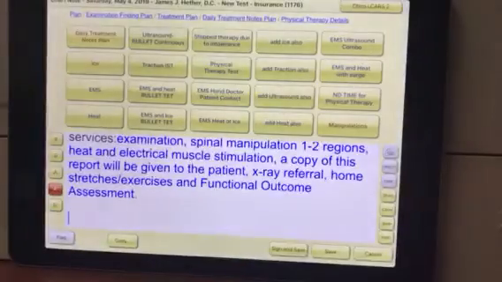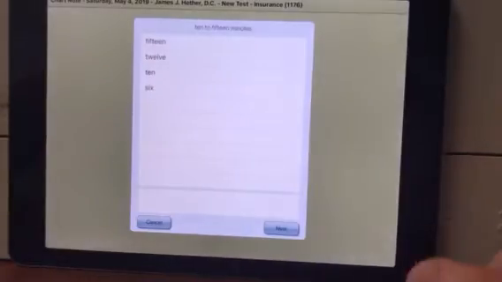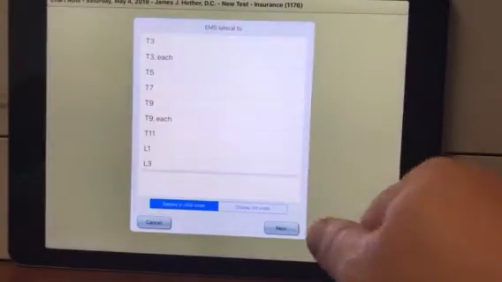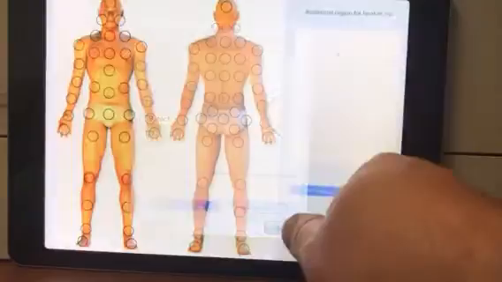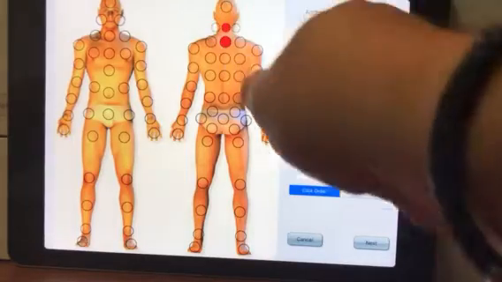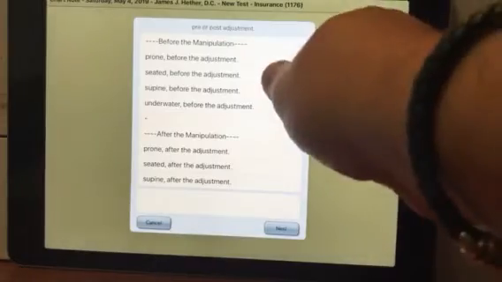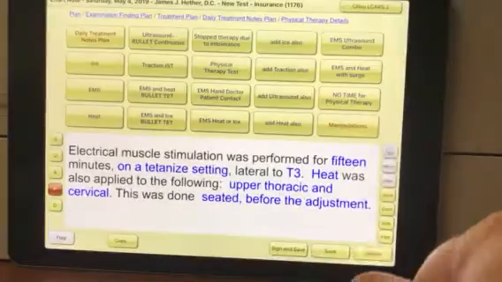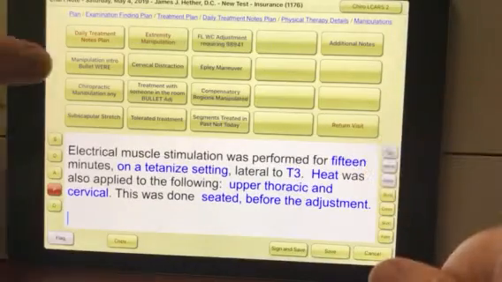From there, we go under our physical therapy findings. What did we do for physical therapy? Well, again, I went over muscle stim and heat for this individual. We did it for 15 minutes, and I actually did this at T3, seated with the pads on the neck, and we did this seated before his manipulation, which again leads us to the manipulation.